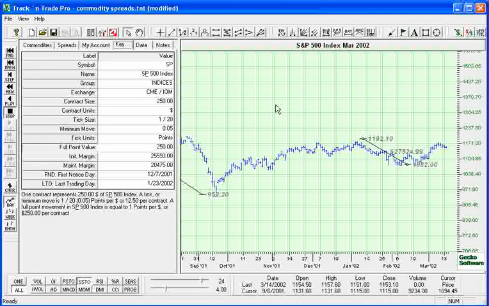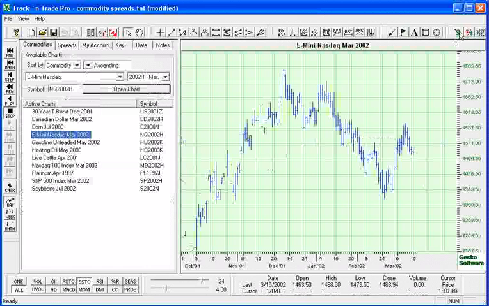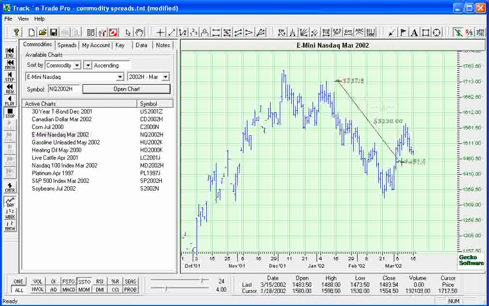Exactly. Let's take a look at a straight E-mini. That's not so bad, a $5,300 move right there. What does the key say?